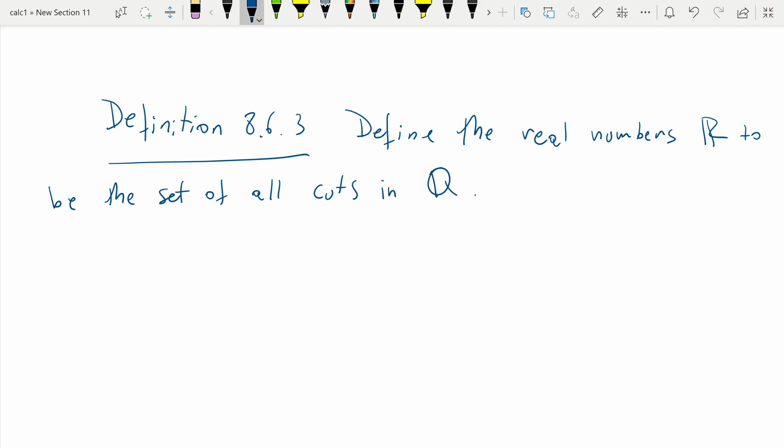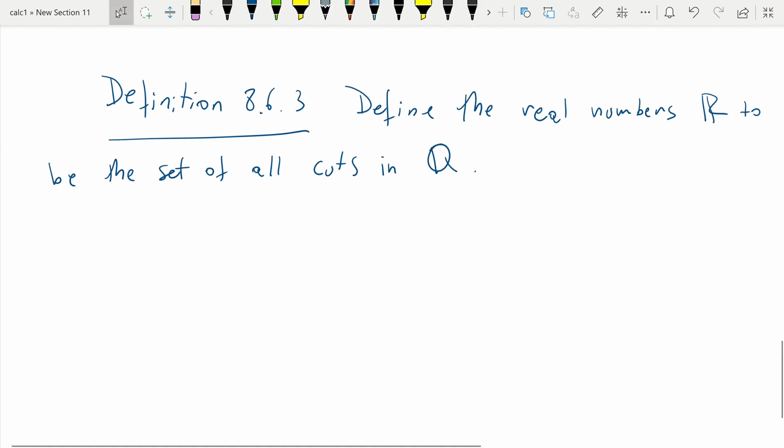Of course, the real numbers need not correspond to all the subsets of the rational numbers. In fact, they do not. So the set may not be as large as that. But you can show, I don't know if you did that in 279 or not, that the cardinality of R is bigger than that of Q, which happens in turn to be equal to the cardinality of the natural numbers.